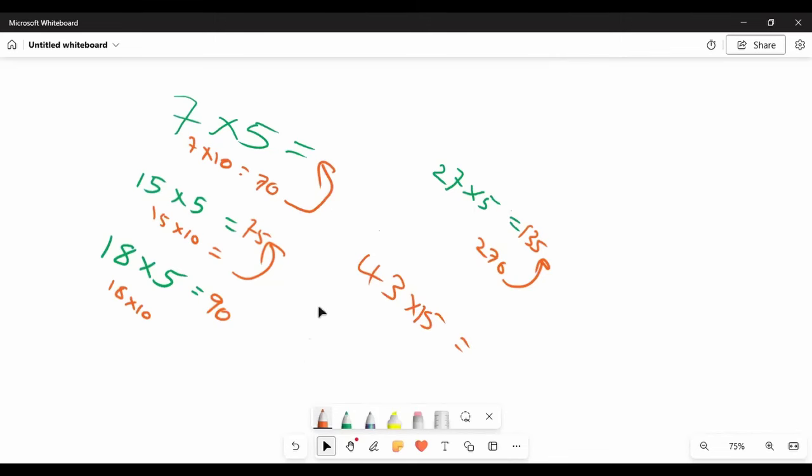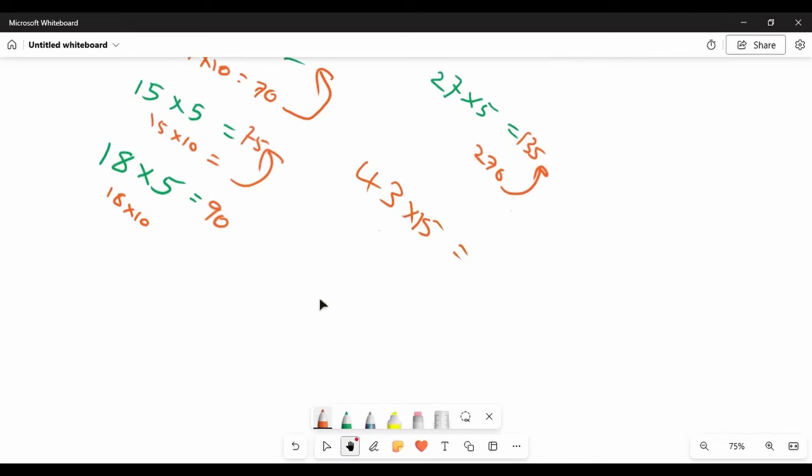We need 43 into 10. 43 into 10 is going to give us 430. We need 43 into 5 also. And then add them together. That's it. So 430 plus half of 430, which is 215. So it's going to give you 645.